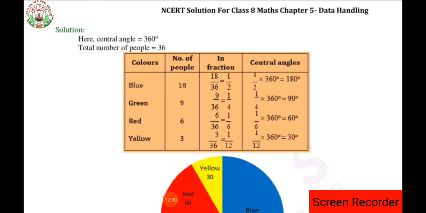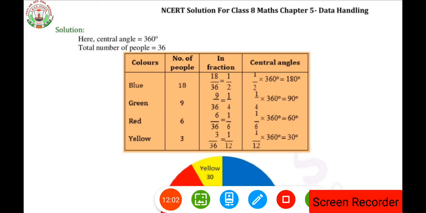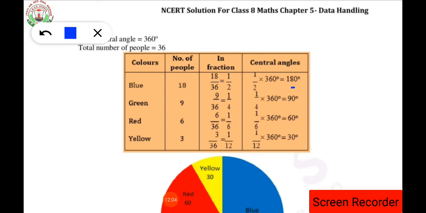That is 30 degree. So dear student, here we have already found the central angles as 180 degree, 90 degree, 60 degree and 30 degree. Now let's add and see whether 360 degree is coming or not.